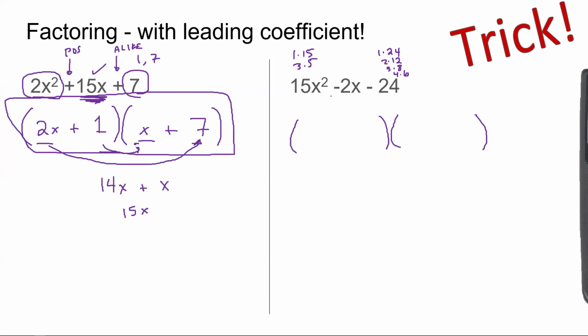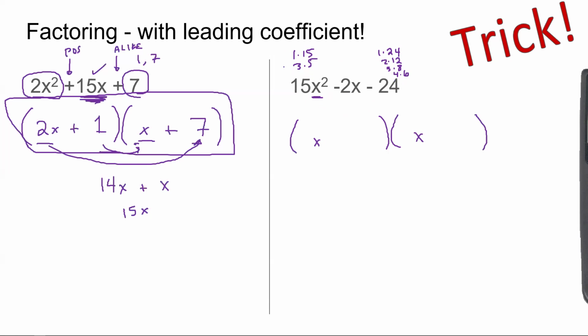But I need a pair of these and a pair of those. Clearly, I've got an x squared. Let's go ahead and put an x and an x. But I've got 2 choices here on the first number. It could be 1 and 15, could be 3 and 5. I've got 4 in the back.